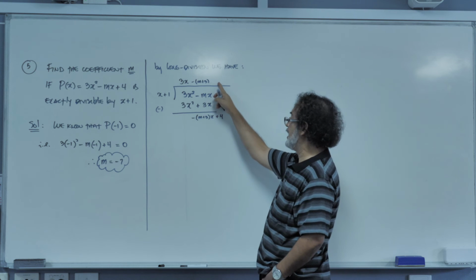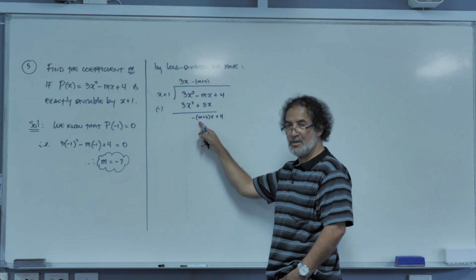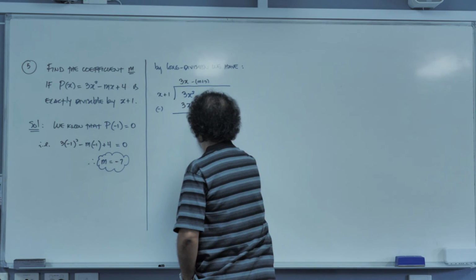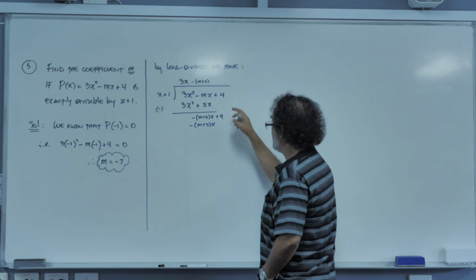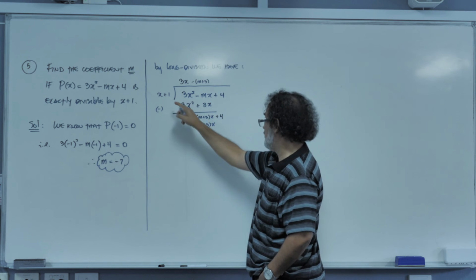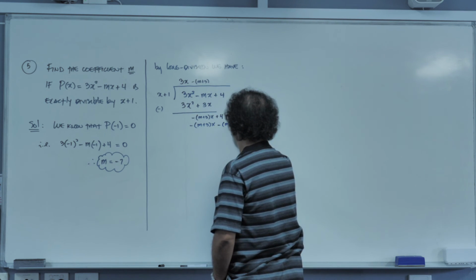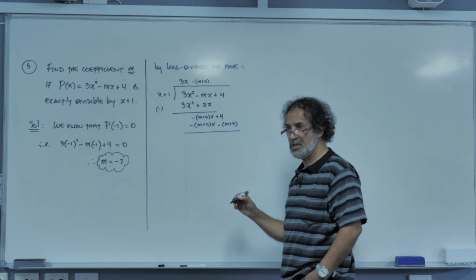Okay, so if you multiply negative m plus 3 by x, then you're going to have that expression. Okay, is that clear? Okay, let's put it. Okay, and then we're going to multiply negative m plus 3 by 1, so we're going to have minus m plus 3. Okay, and then we're going to do the subtraction. All right?